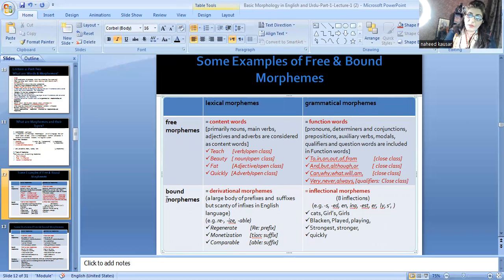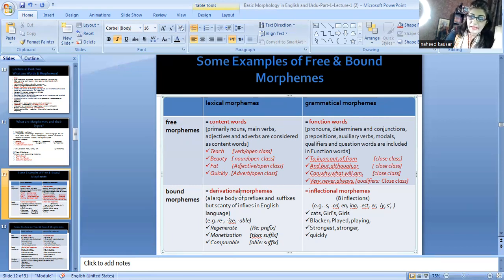Similarly, if we talk about the bound morphemes, there can be the derivational morphemes and there can be the inflectional morphemes. What I'm saying is that bound morphemes can be the derivational morphemes or the inflectional morphemes.